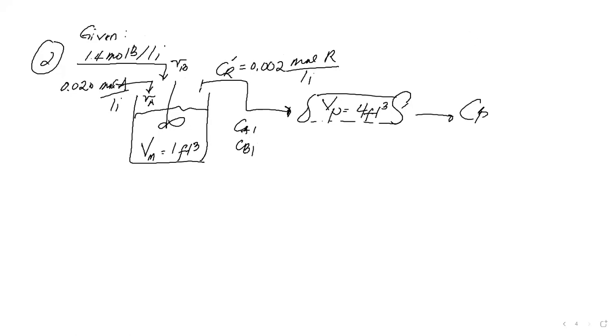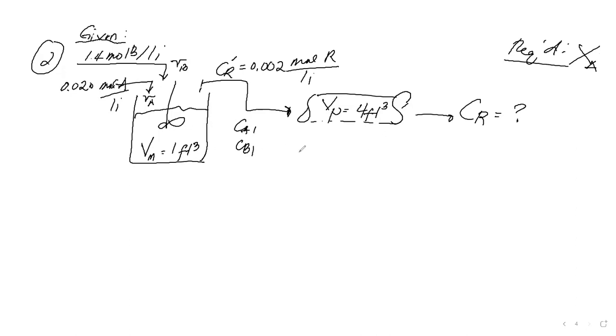And you are asked to find the concentration of R leaving the PFR. And aside from that, you're required to determine also the degree of conversion of A in the entire system.